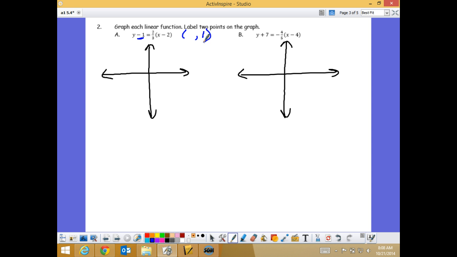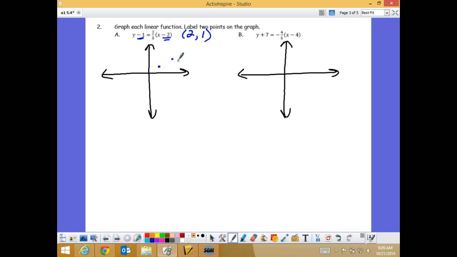And here is the x-coordinate, but again, we've got to remember to change the sign going from the equation to the point. So the point that this line goes through is the point (2, 1), which is about here. And with the slope of positive 2/3, we're going to go up 2 and over 3, which would get us to the point (5, 3).